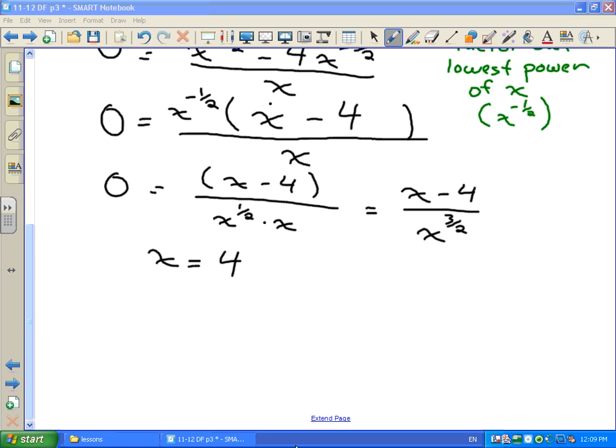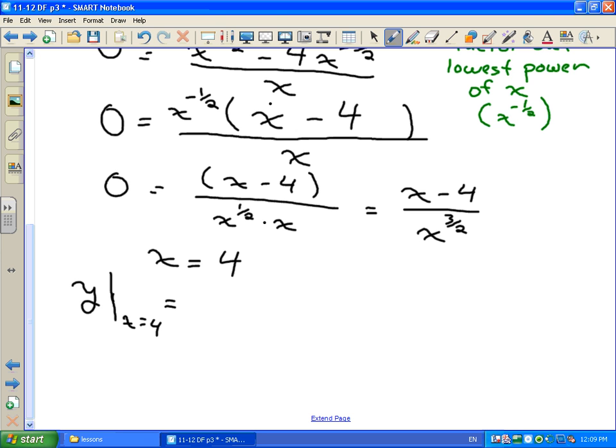So we're going to sub this back into our original function. So we'll say y evaluated at x equals 4 is going to equal, what was our original function here? I've got to look back at this. 2x plus 8, so 2 times 4 plus 8, all divided by the square root of 4, which just gets us 16 over 2, which is 8.